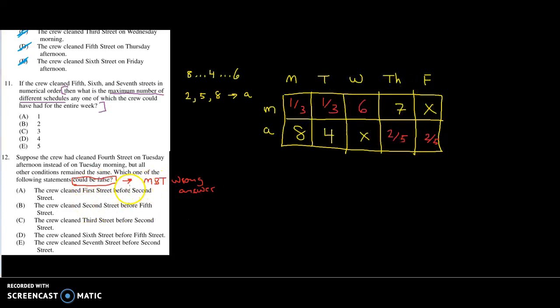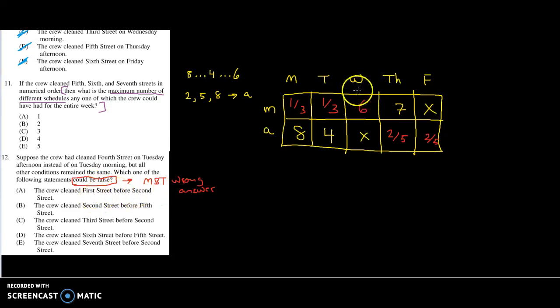Okay, but that's a deduction we can make. So let's see, which of these could be false? We're looking for the wrong answer, which is something that must be true. Let's go down the line. A, the crew cleaned 1st Street before 2nd Street. Is that something that could be false? Is it possible that we could do it the other way around?